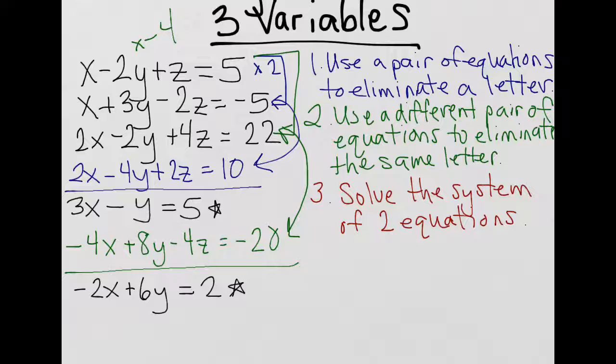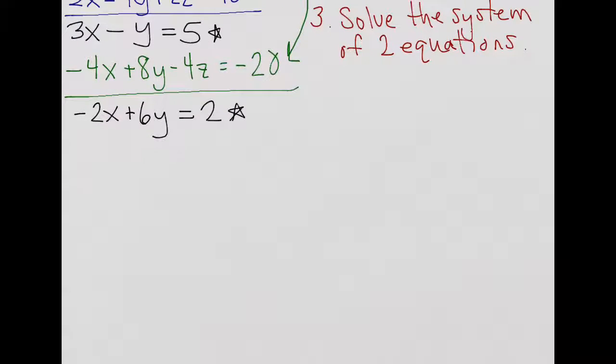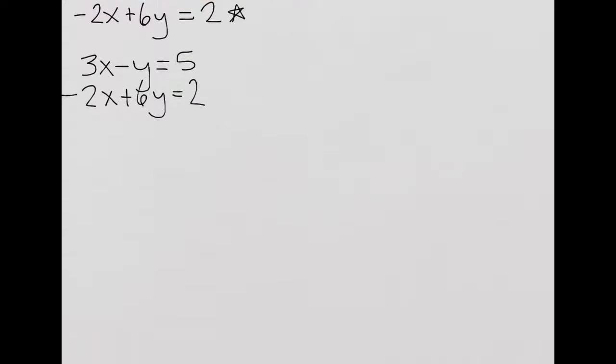Which basically means that we would just start back up at step 1 and use those two to eliminate one of the letters. It looks like y might be easy to eliminate, so let's eliminate y. So I'm going to rewrite these two equations down here. 3x minus y equals 5, -2x plus 6y equals 2.